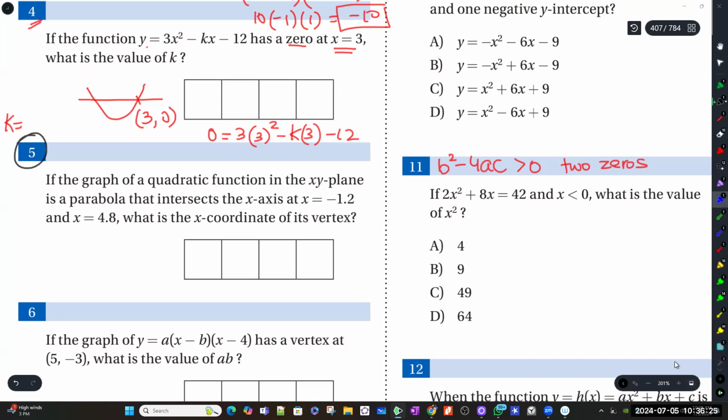Okay, good job. So minus 1.2 plus 4.8 divided by 2. That's the answer. Agreed? Yes, sir. Okay, because the vertex is in the middle.